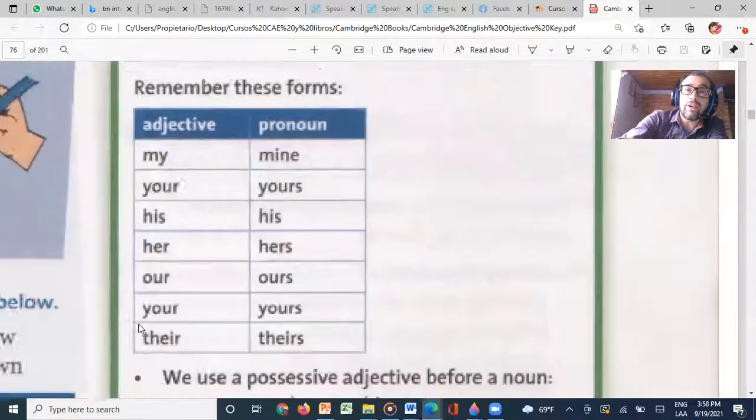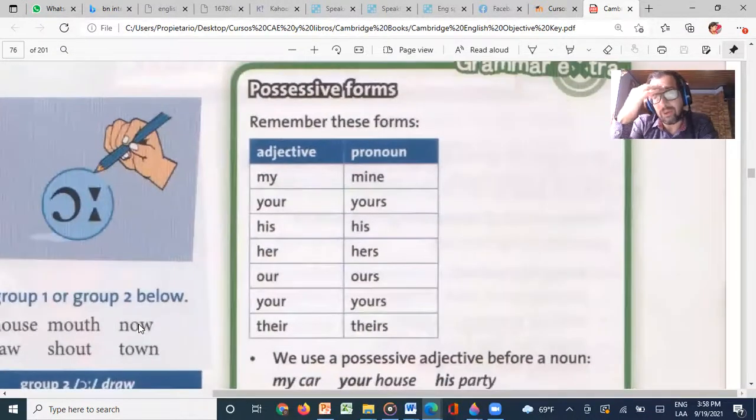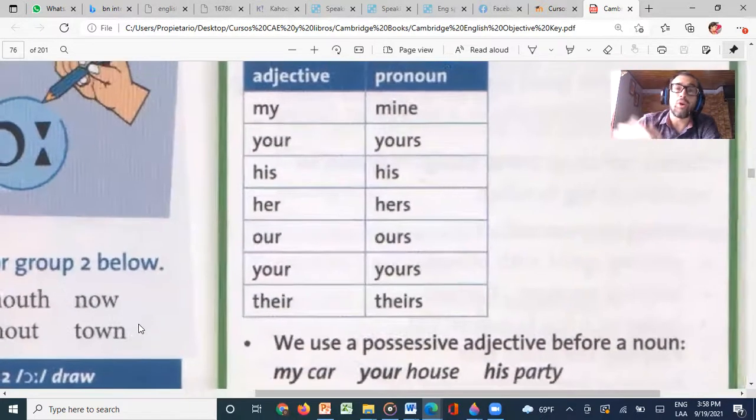Now, regarding possessives, remember we just saw the personal pronouns, the object pronouns, and the reflexive pronouns, but we also have possessive pronouns, which are over here. For example, mine. And the characteristic of the possessive adjective is that after it, you need to use a noun. So you can say my car, right?